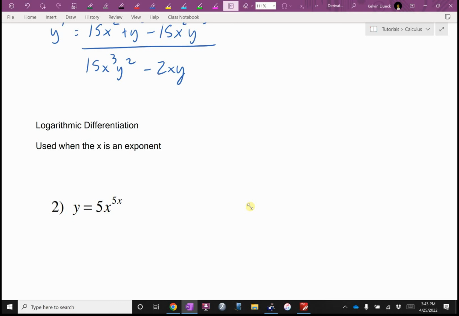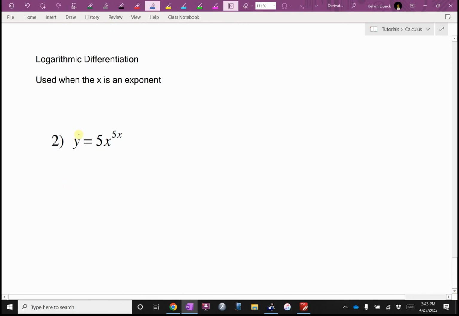What's the derivative of e to the x? E to the x. Right? Okay. So, I'm going to go ln of y equals ln of 5x to the 5x. Why does that help? Well, now I can use my log rules.